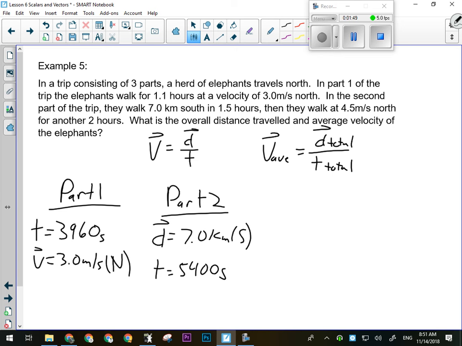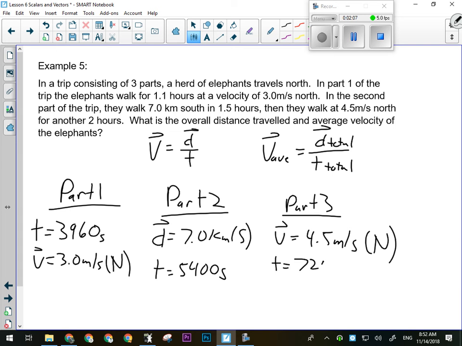And then in part three, they walk at 4.5 meters per second for another 2 hours, and that'll be 7,200 seconds.